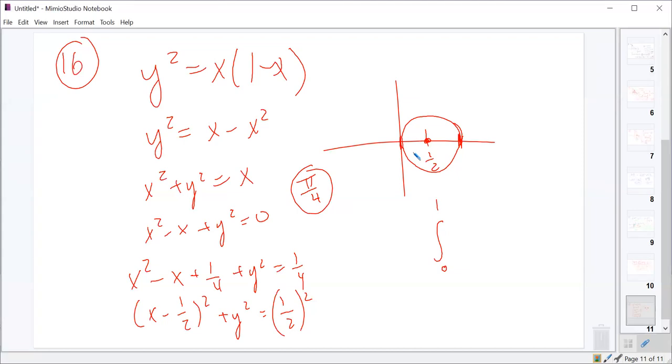Well, y is the square root of x times 1 minus x dx. And that ought to give you the area of half of it. And then if you want the whole thing, if you want to get the other portion of it, you gotta just double that integral, which looks like choice B.